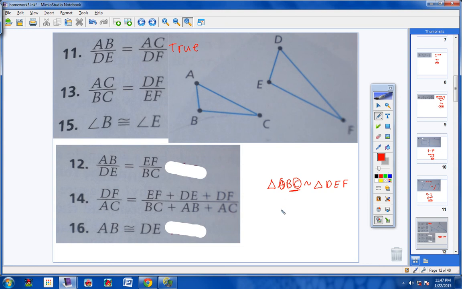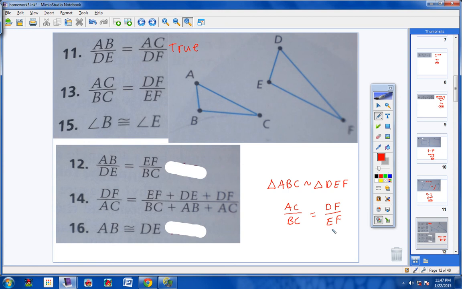If I'm going to say AC over BC, I'm not even going to look up here. I'm going to say this. If I said AC here, I better say DF here. In the bottom I have BC, so I better say EF over here.